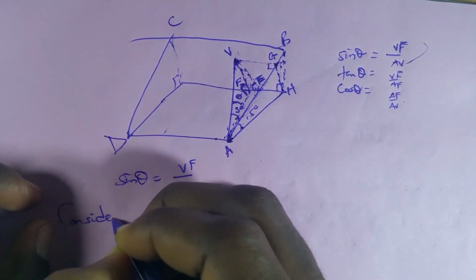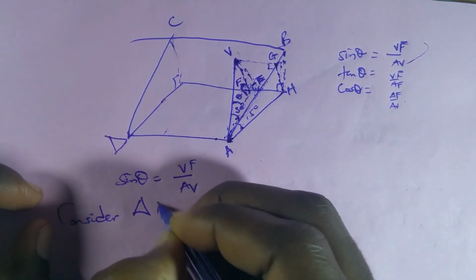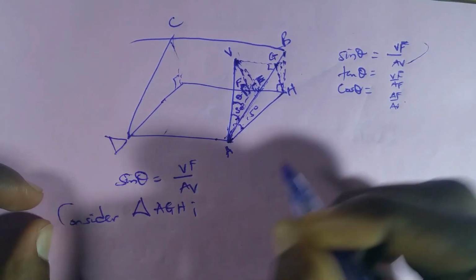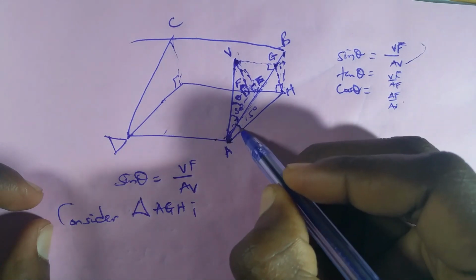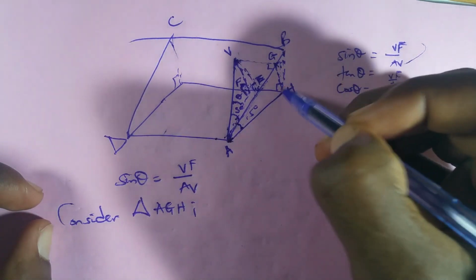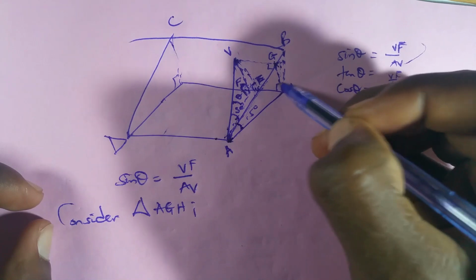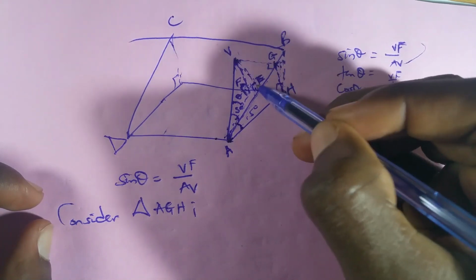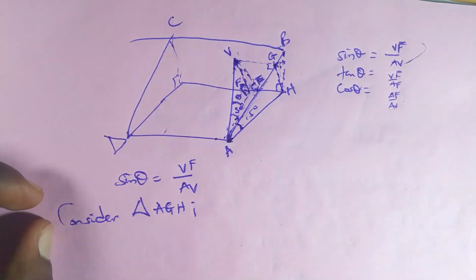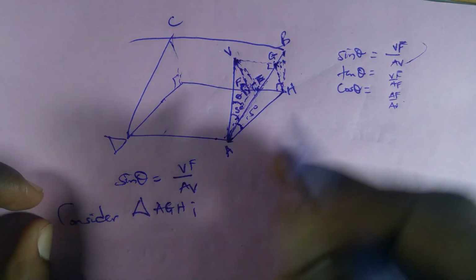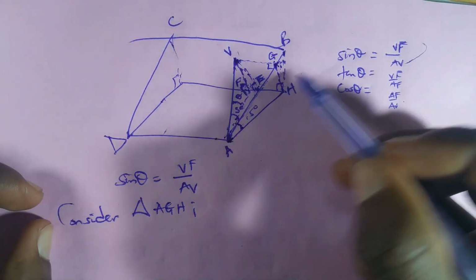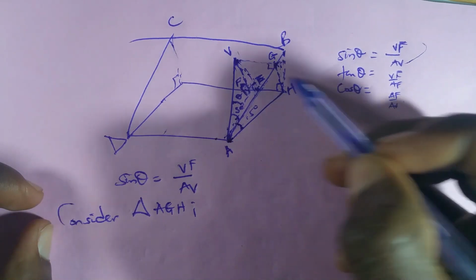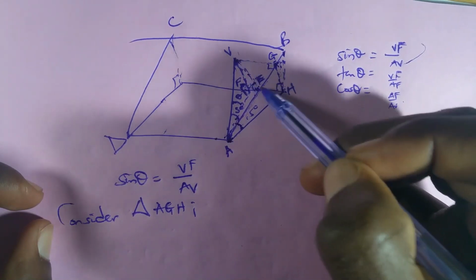Consider triangle AGH. That means we can get GH, which is the vertical height, which is also the same as VE, which is also the same as VF, still the vertical height. So we have a way of getting the vertical height, since VF is the same as getting GH or VE.